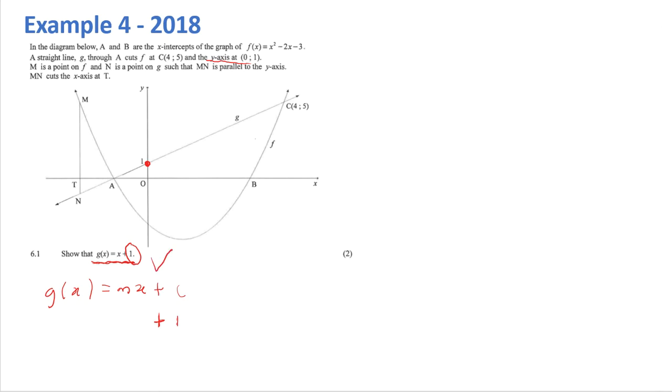So the only other thing we need to double check is the slope. Cool? Well, we know that a slope by definition is delta y divided by delta x.